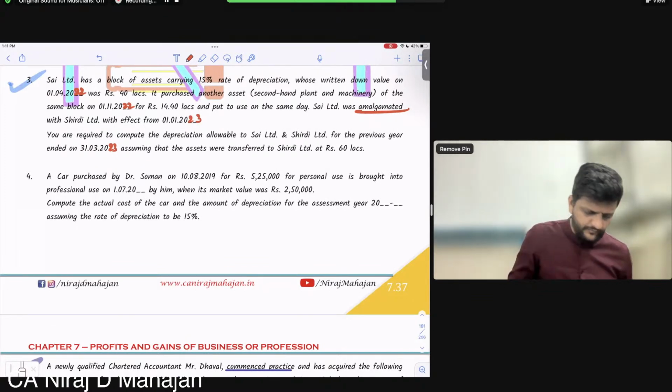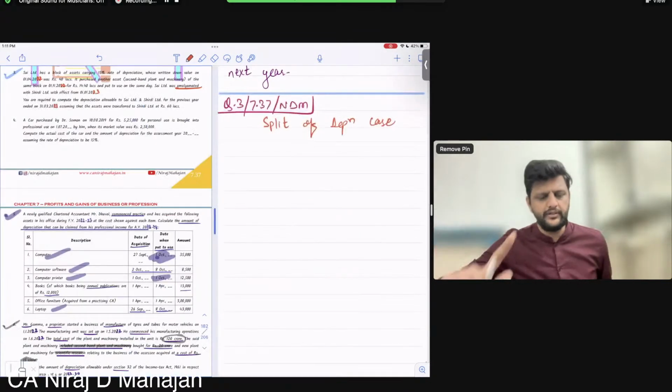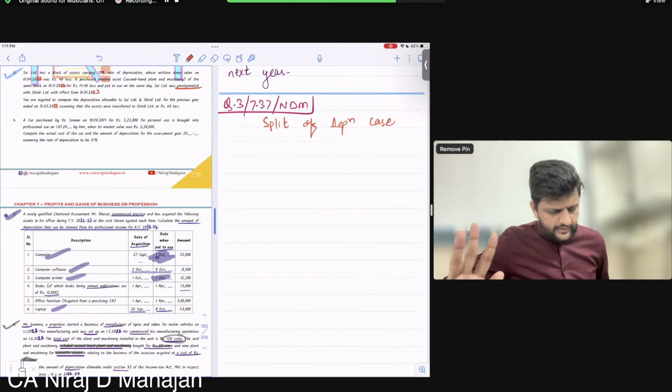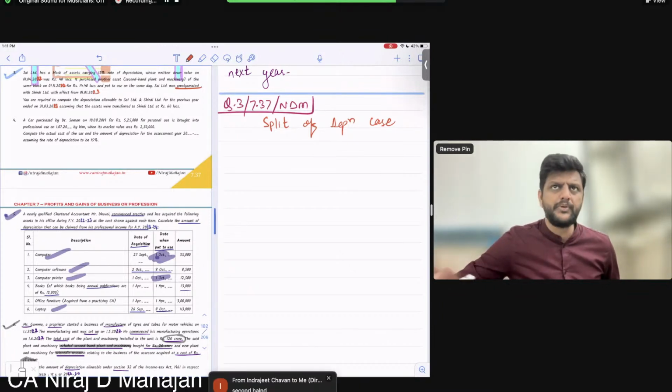Ready? Is there opening WDV? Yes. Are there 2 purchases? No, only one. Only one purchase, na? So one opening WDV and one purchase. Clear till here, second hand, correct. But the purchase was done before amalgamation.